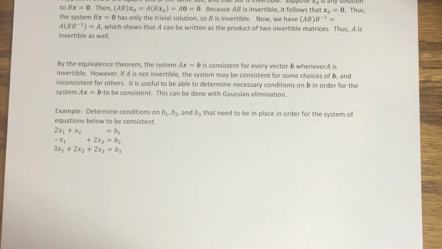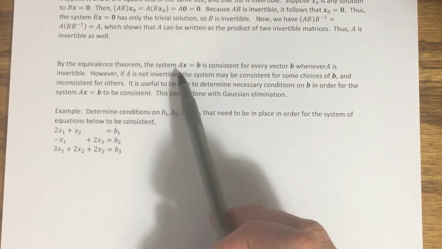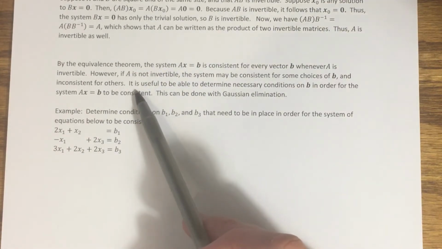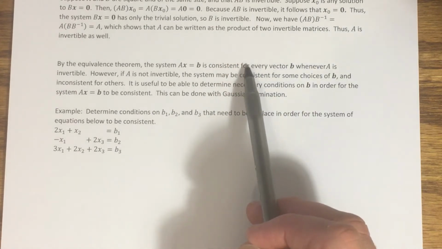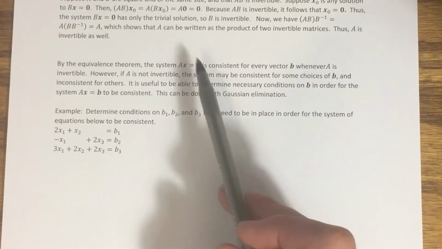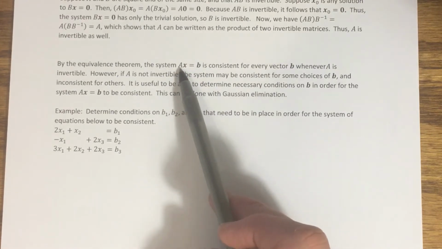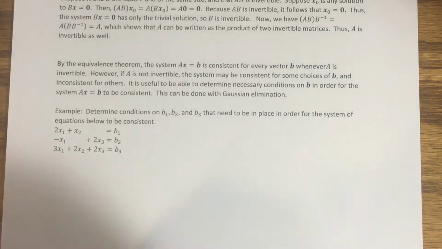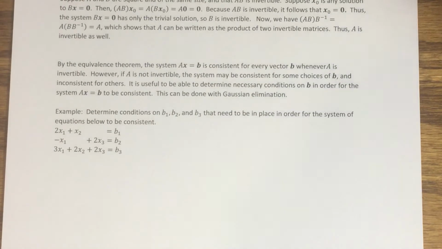It turns out the case of whether it's got infinitely many solutions or no solutions at all is going to depend on what this vector B looks like. So if we have a singular matrix A, meaning not invertible, then the system AX equals B is going to be consistent for some vectors B, but inconsistent for others.